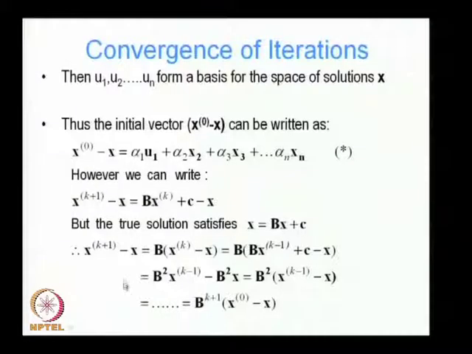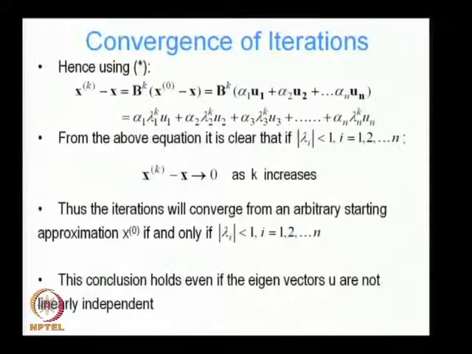Similarly, B^k operating on u2 is going to give me lambda 2 to the power k times u2, and so on and so forth. So, eventually we can write x^k minus x is equal to B^k(x0 minus x), which is B^k operating on this, and B^k operating on u1 is lambda 1 to the power k times u1, B^k operating on u2 is lambda 2 to the power k times u2, and so on and so forth.